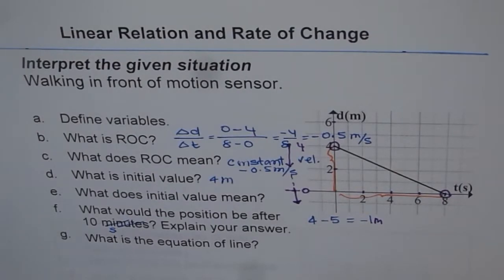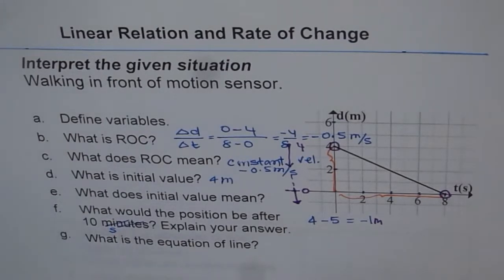That is what it means. It goes to the other side of the motion sensor in 10 seconds. It's 1 meter away on the other side of the motion sensor. That is what this negative sign means, right?